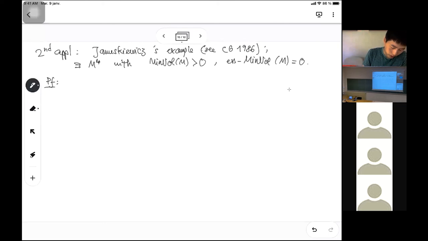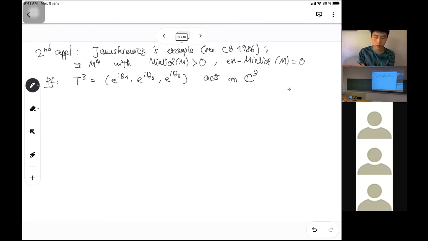So how does this example work? You take a 3-torus, given by say 3 different independent angles. A 3-torus acts on C^3 in the usual way, so you rotate each coordinate of C^3 independently.